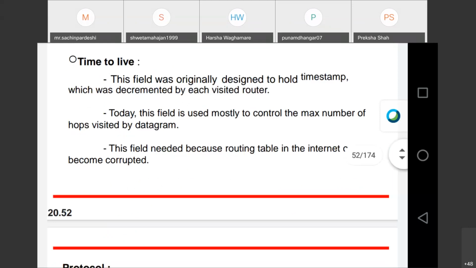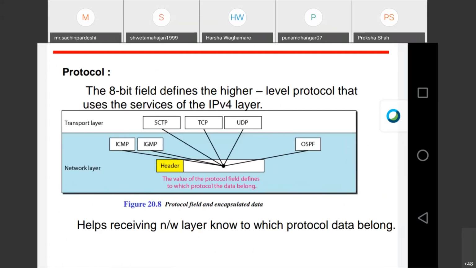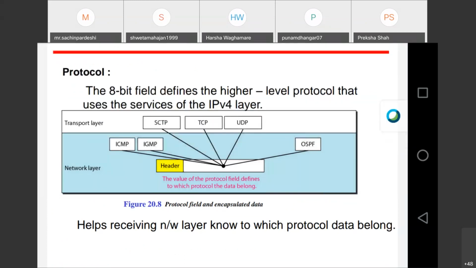The next field is protocol. This protocol field defines which higher layer protocol is using this IPv4 service. In the network layer, there are protocols like ICMP, Internet Control Message Protocol, IGMP, Internet Group Management Protocol, and OSPF, Open Shortest Path First protocol. These are network layer protocols, as well as transport layer protocols like TCP, UDP, SCTP.